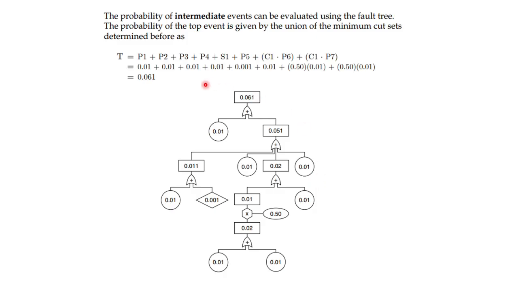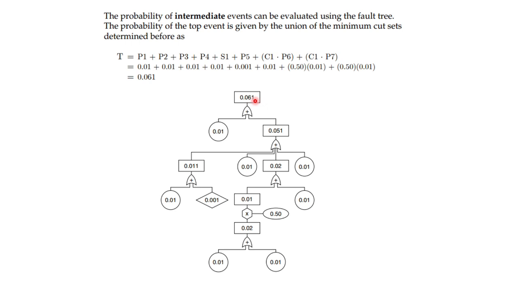So P1 plus P2 plus P3, P4 plus S1 plus P5, those are 0.01, and also C1 times P6, this is 0.50 times 0.01 plus 0.50 times 0.01, and the probability of T happening will be 0.061. That's why it is plotted here.